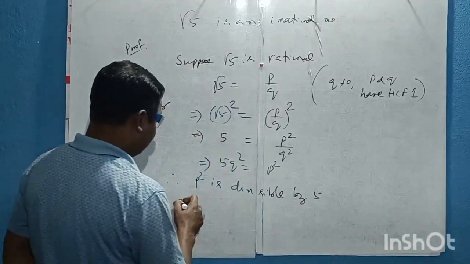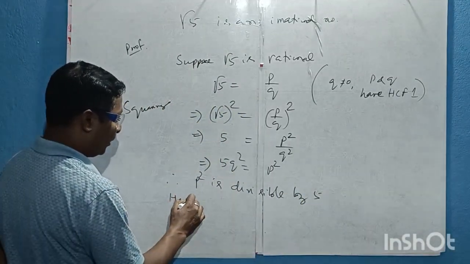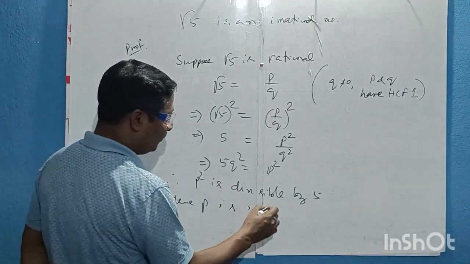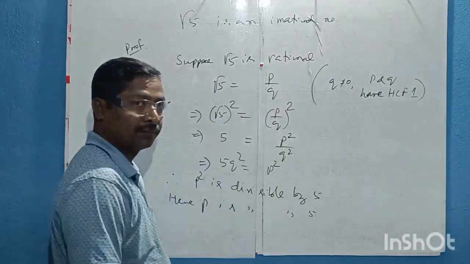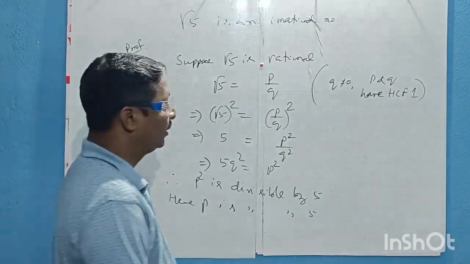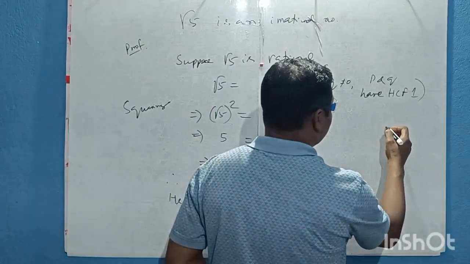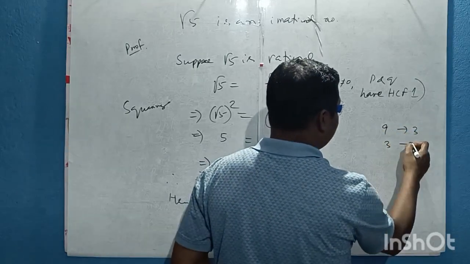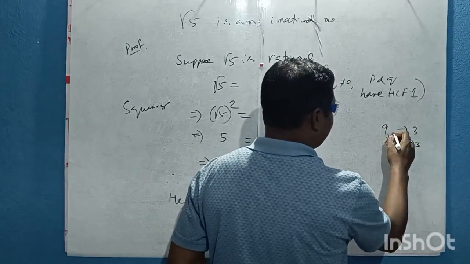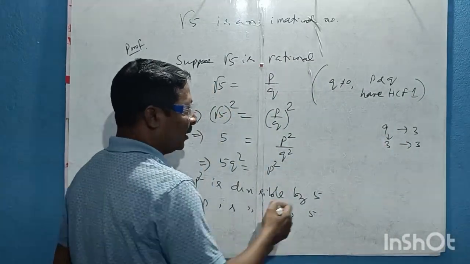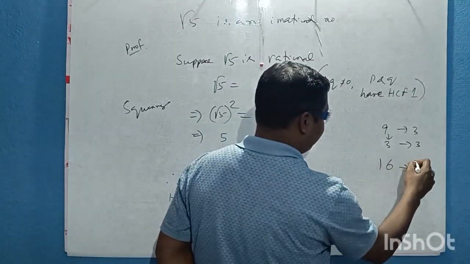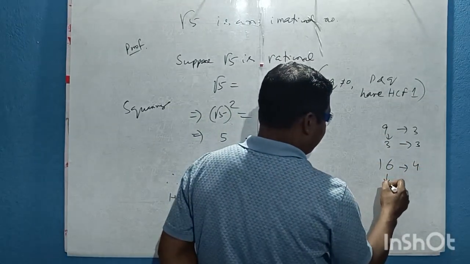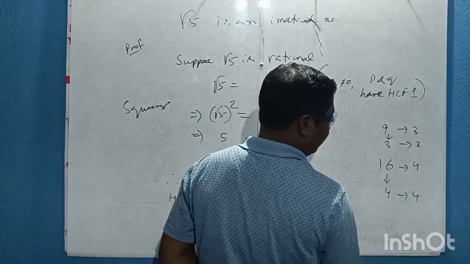Hence I can write p is divisible by 5. Because if 9 is divisible by 3, then the square root, 3, is divisible by 3. If 16 is divisible by 4, then the square root, 4, will be divisible by 4.